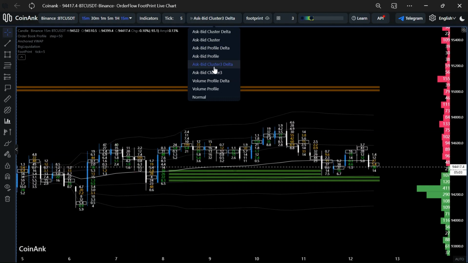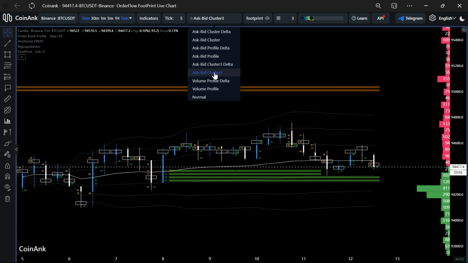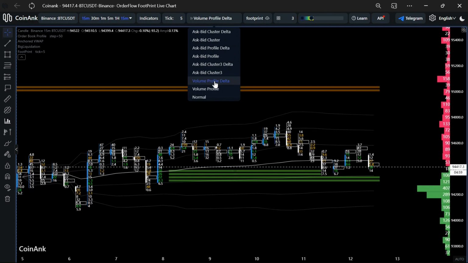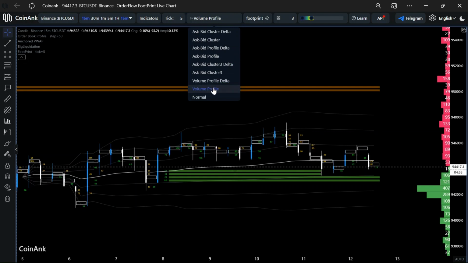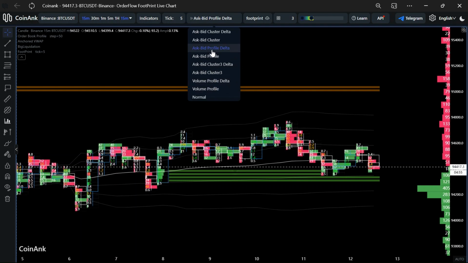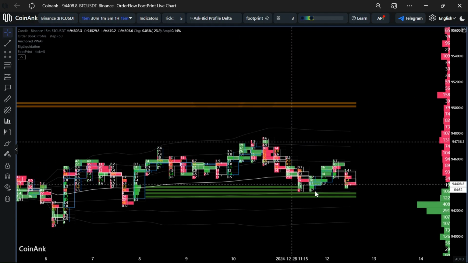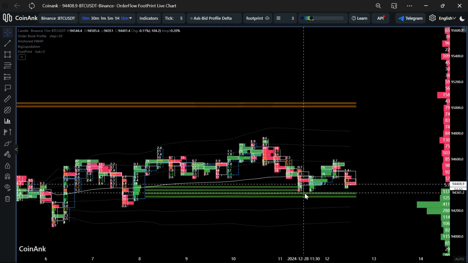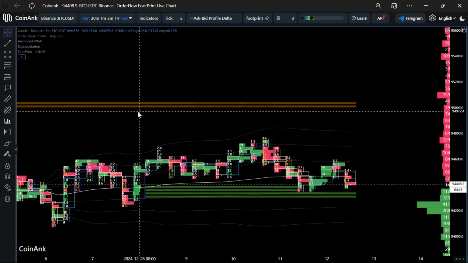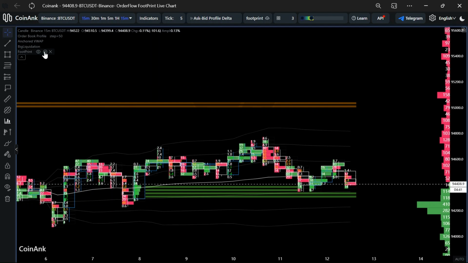I will make a more detailed video on footprint charts soon, in which I will explain all their components, how to properly set up and utilize them in your trading. You can check out footprint settings here to customize your cluster charts.